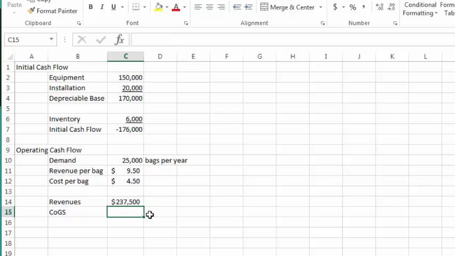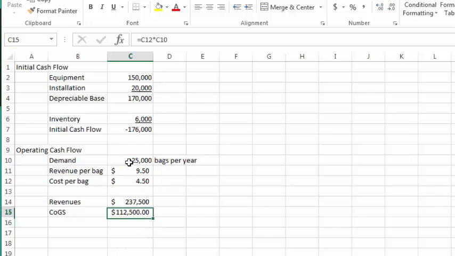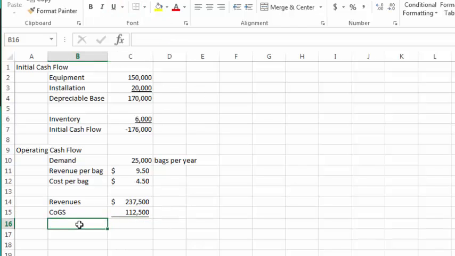And then with the cost of goods sold, we're going to say is equal to the 4.50 times the 25,000. And then we're going to underline, say gross profit.